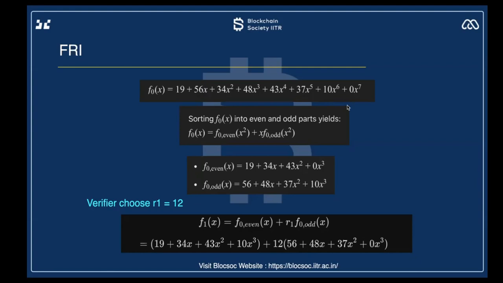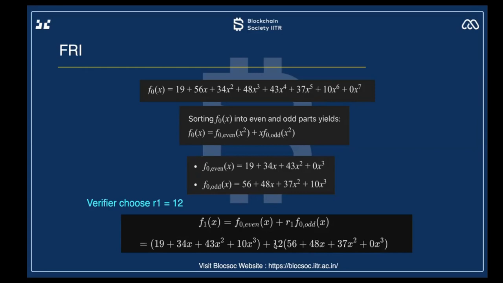We will do this step of representing the polynomial into its even part and odd part repeatedly until we get a constant polynomial. We started with degree 6 and then got a polynomial with degree 3. We will again do FRI on this polynomial, and we will get a polynomial of degree 1. And if we again do it, then we will get a constant polynomial, which means a polynomial of degree 0.